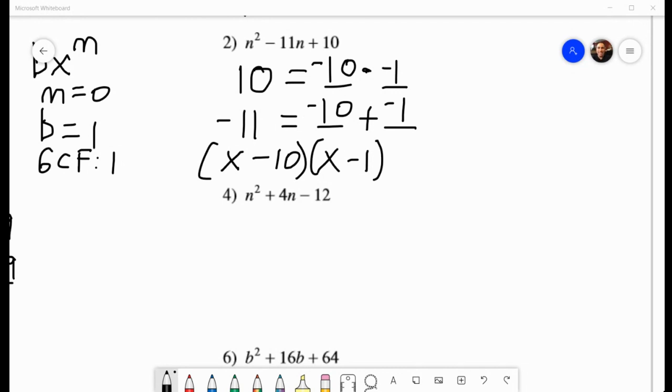So we want 2 numbers whose product is negative 12. The sum is 4. 2 numbers whose product is the constant term, negative 12. The sum is the coefficient of the middle term, in this case 4. What 2 numbers will pull that off? How about 6 and negative 2?